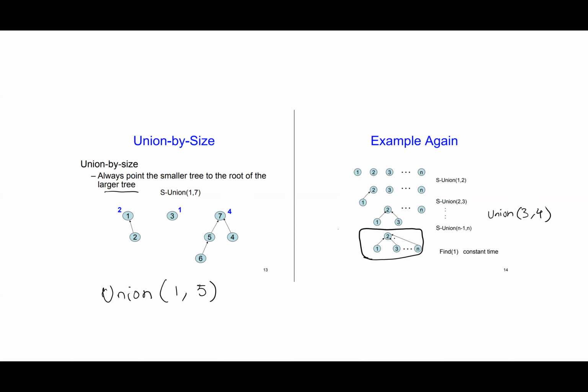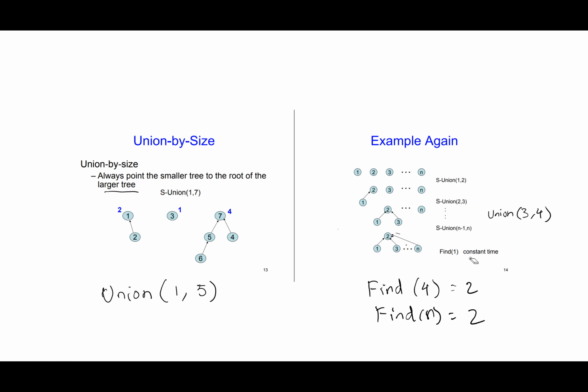And now you see how good find is. Any find will give you order of 1, because if you say find 4, it will just go here and done. It will give you 2. If you say find n, it will just immediately go and give you 2, right?